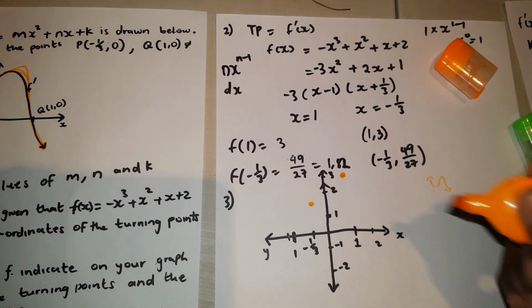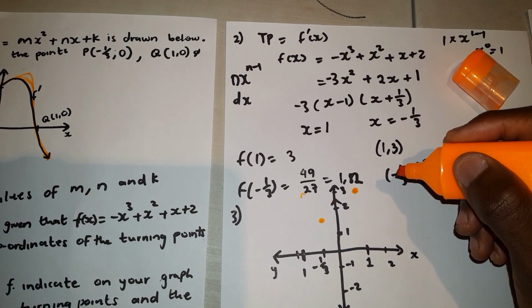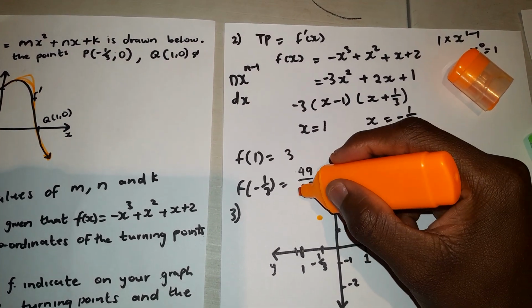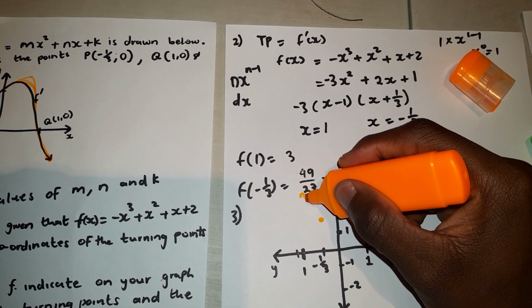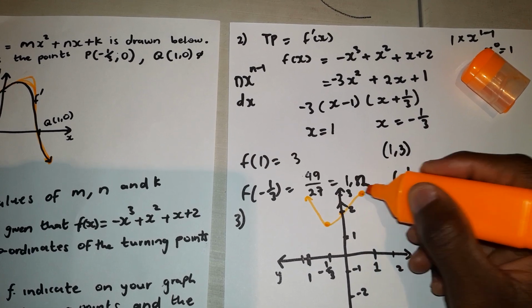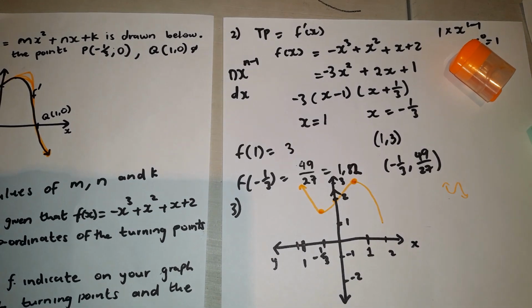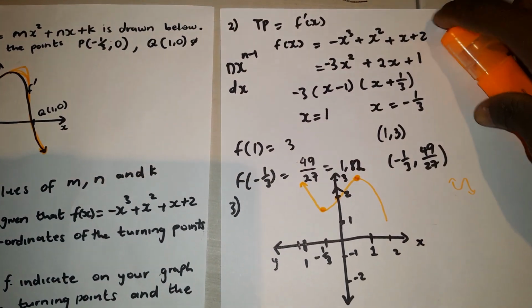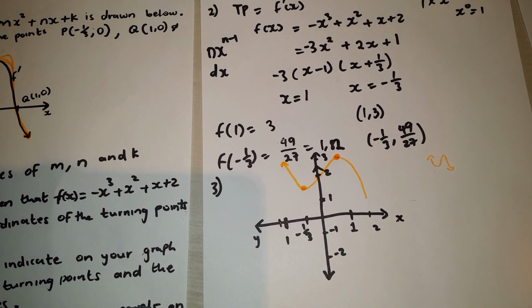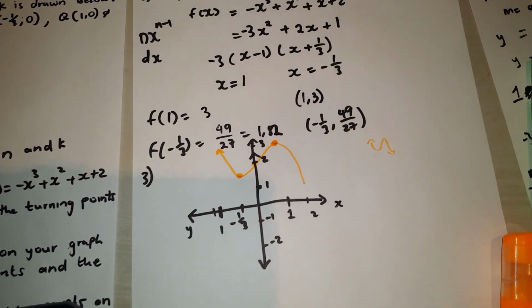So we know that x-intercepts will be here. So our graph will go like this. It will be like here and here and going onward. So now we have to find our x-intercepts and y-intercepts.